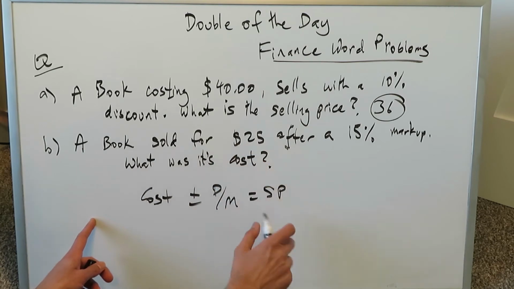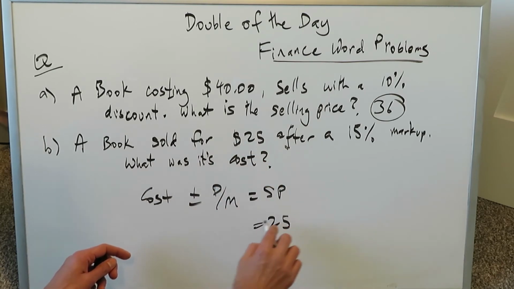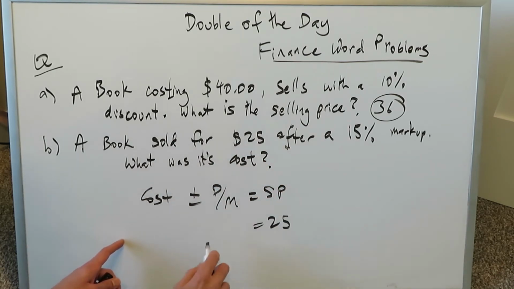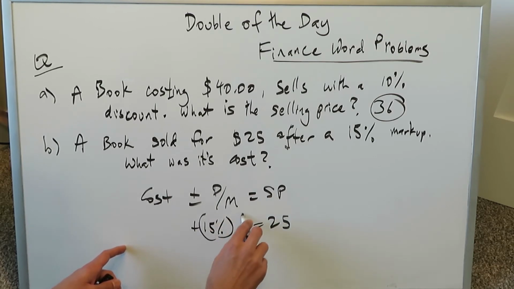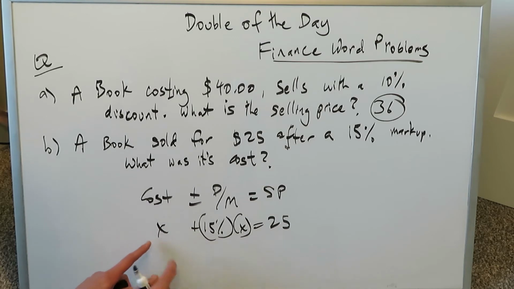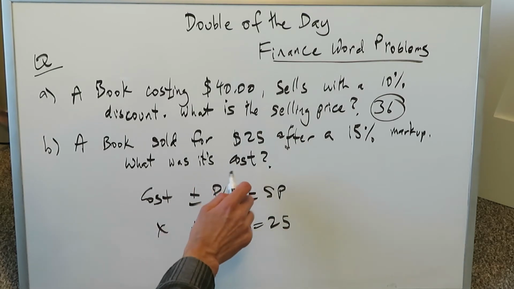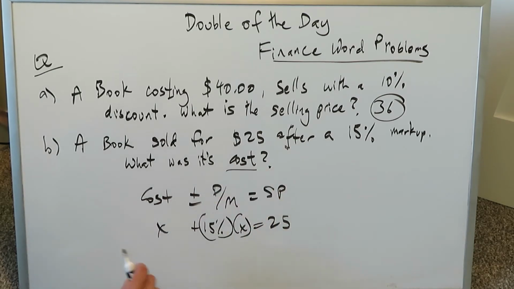We know the book sold for $25 and we can put that right here. And we know it was marked up by 15% of the original price. We don't know the original price. Original price plus 15% of the original price will give you your selling price. Solve for x and you'll get your original price, which is the cost. Cost is synonymous with original price.